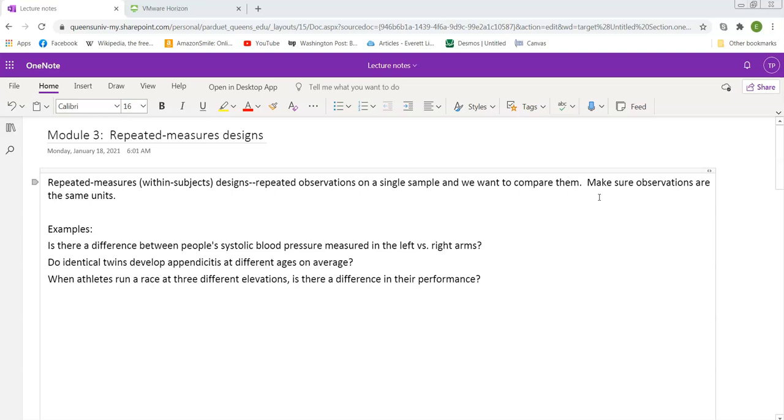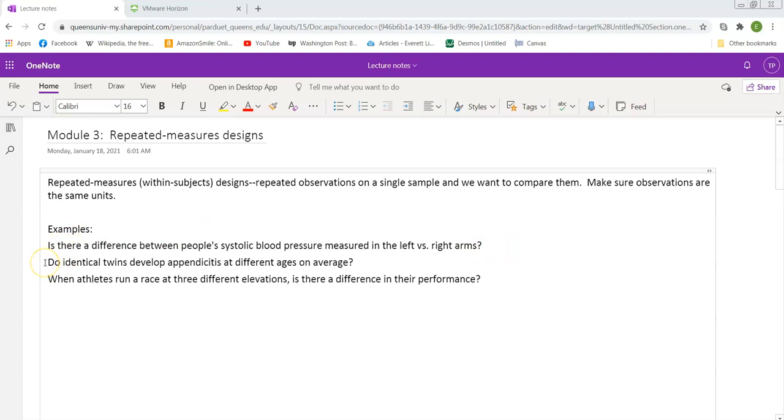You'd have to look at the relationship between those two, which we're getting to later in the semester. But right now we're looking at comparing them. So something like somebody's IQ when they're 10 years old and their IQ when they're 30, comparing those to see if it has changed over time. So here's our first example with the blood pressure.